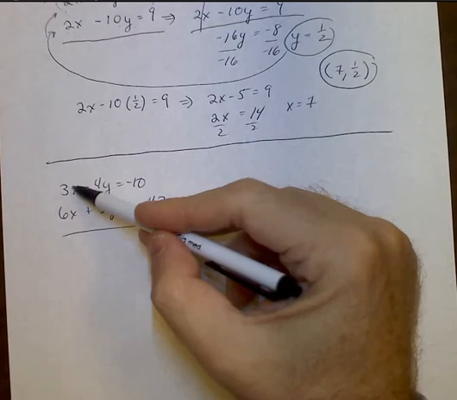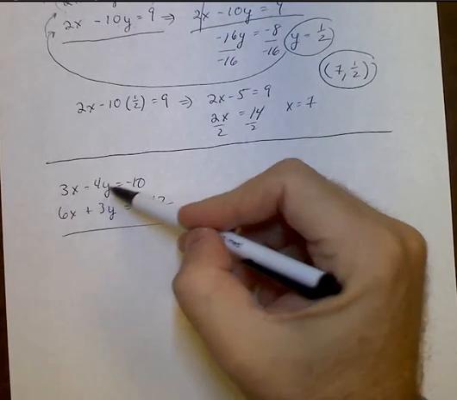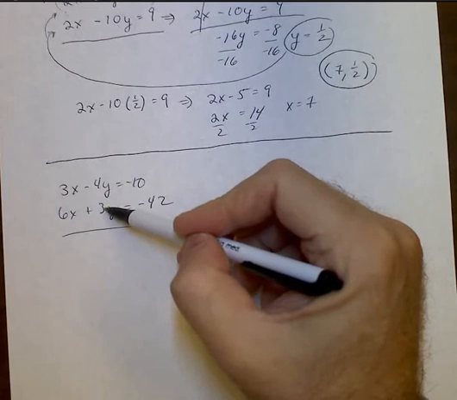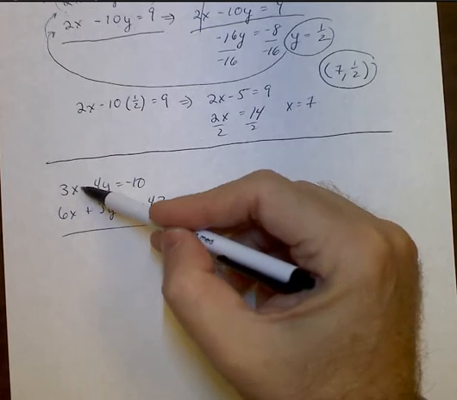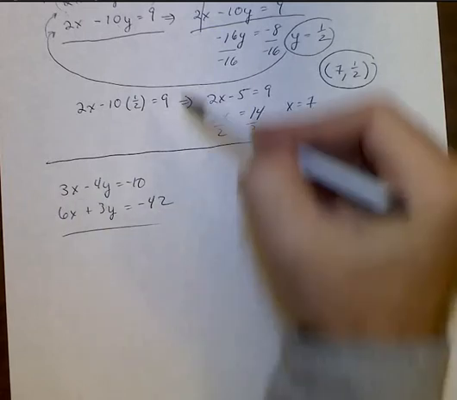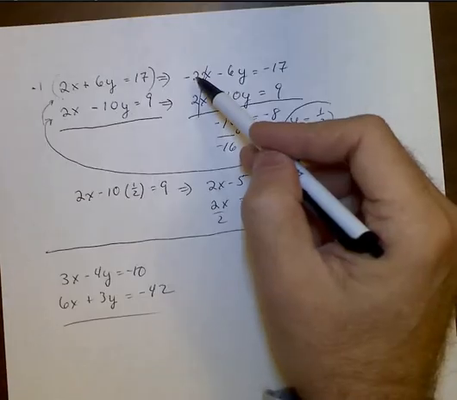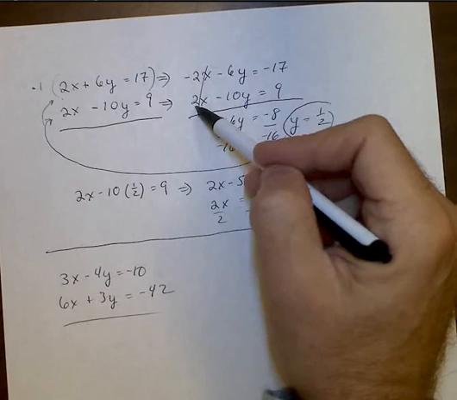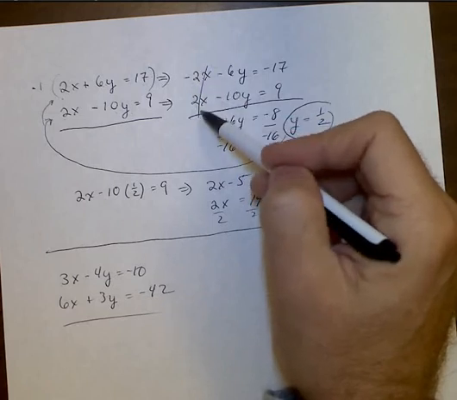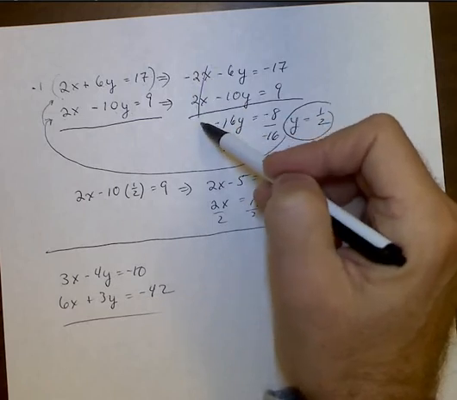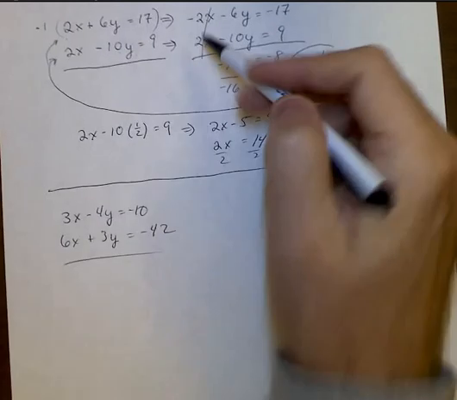I've got a 3 with a 6, and a 4 and a 3. The easiest way to get two of these numbers to match, and they just have to differ by a sign, is by making one of these a negative and one a positive, so that when I add them, they go away. Negative 2x plus 2x is 0.